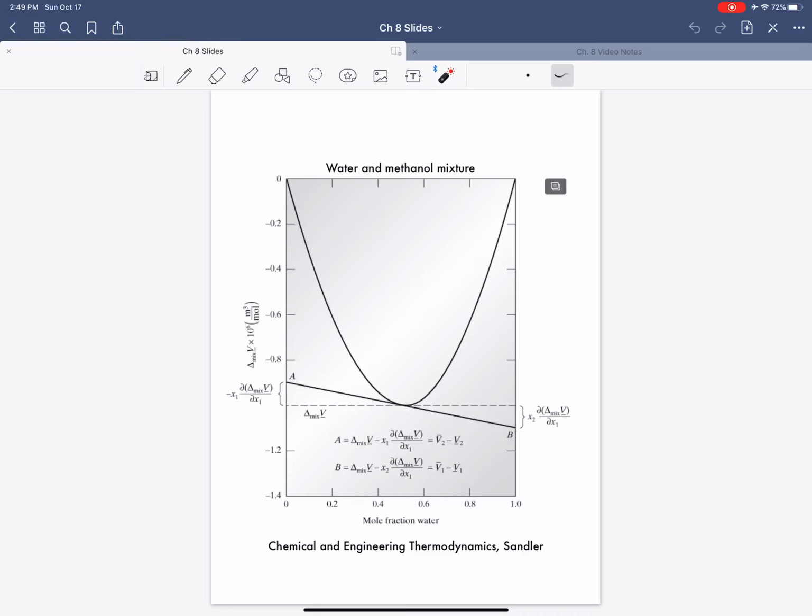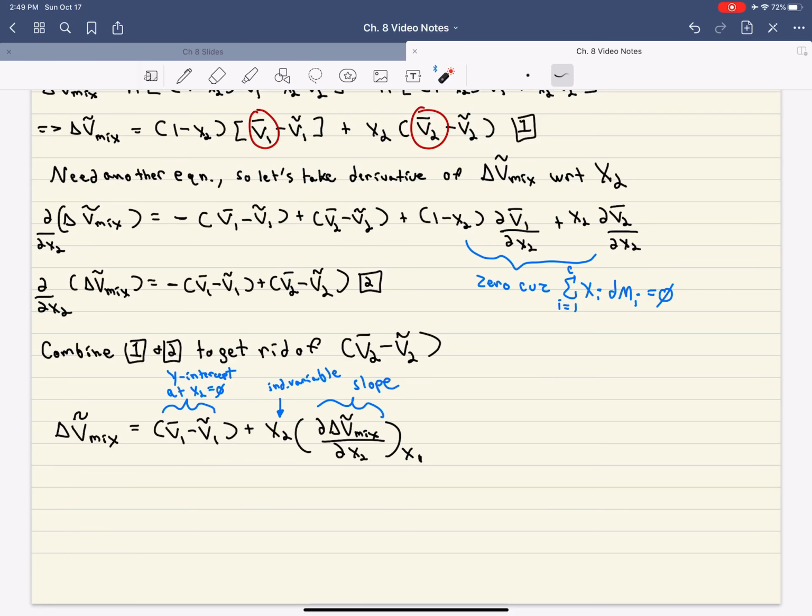If we go back to our equation, once we have the slope at that part of the line, and we know the x2 value and the delta V mix value, knowing those things, we could determine what the y-intercept of our line is.